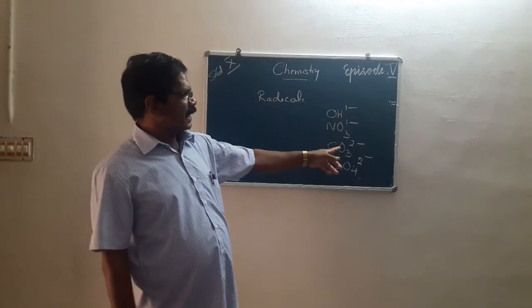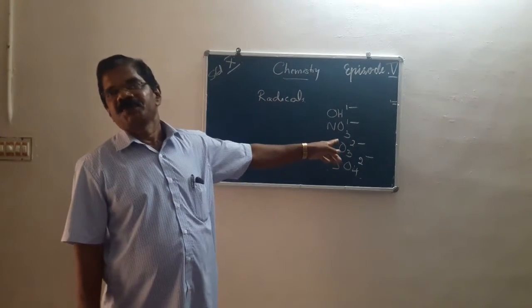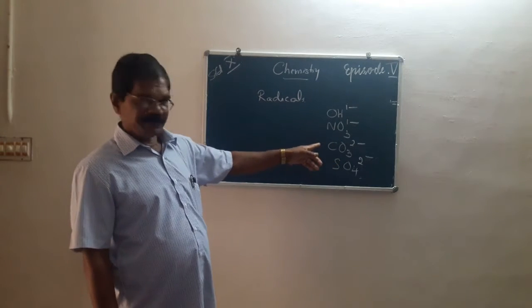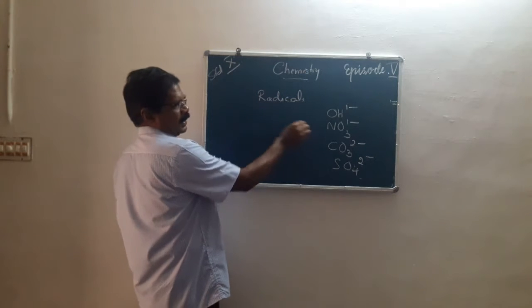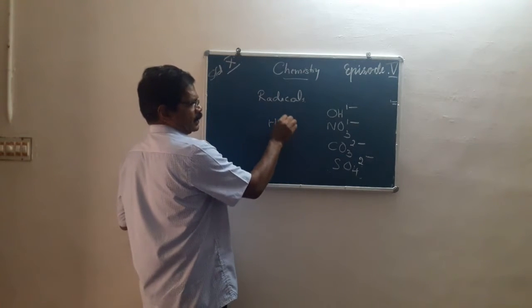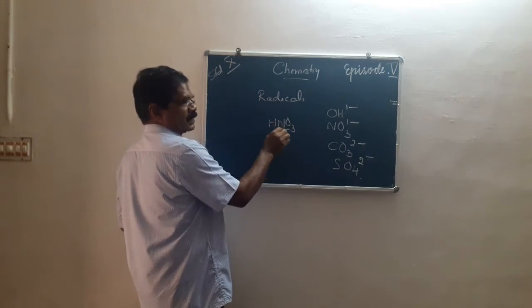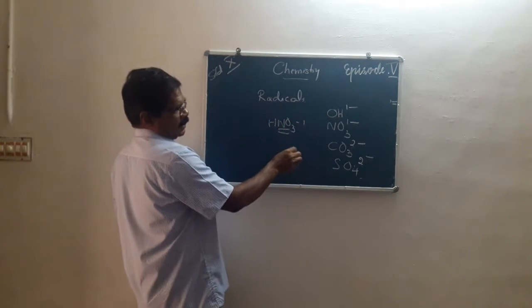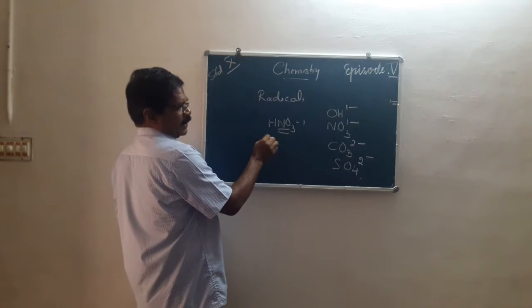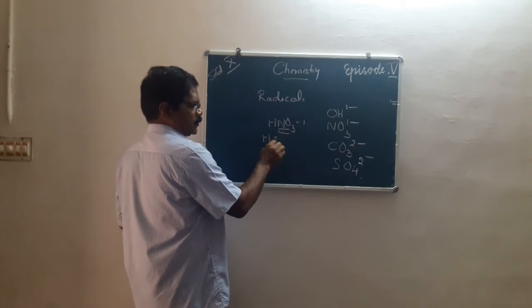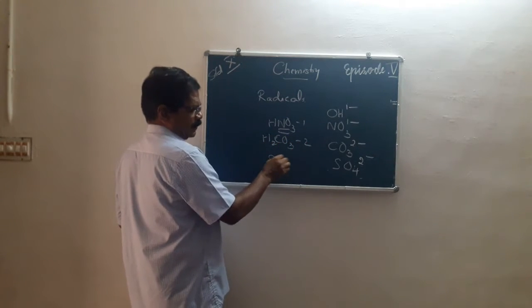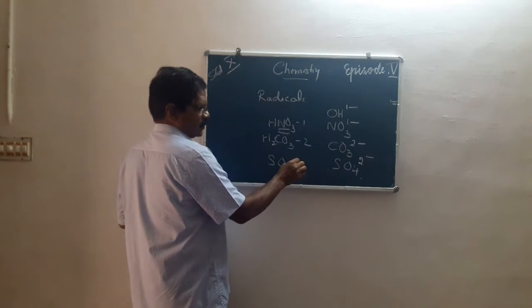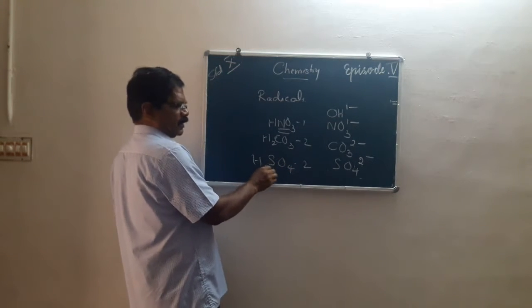These radicals and their valences you must learn by heart. If you forget, remember that nitrate comes from nitric acid, HNO3, so the valence of the nitrate radical is 1. Carbonate radicals come from H2CO3, carbonic acid, and its valence is 2. Sulfate, the valence is also 2, and it comes from sulfuric acid.